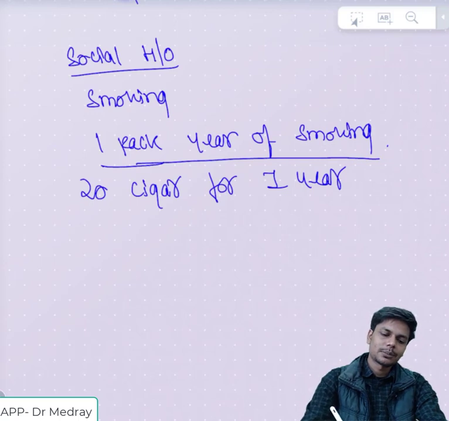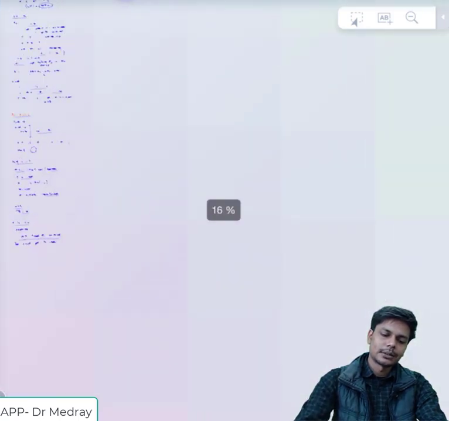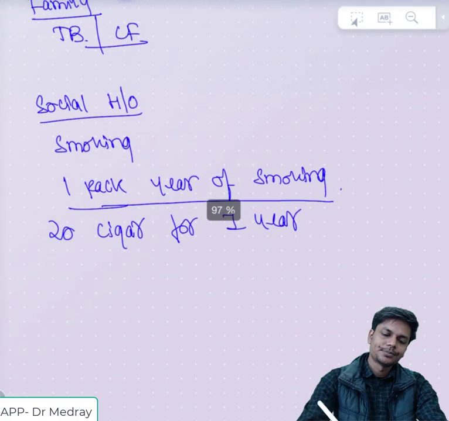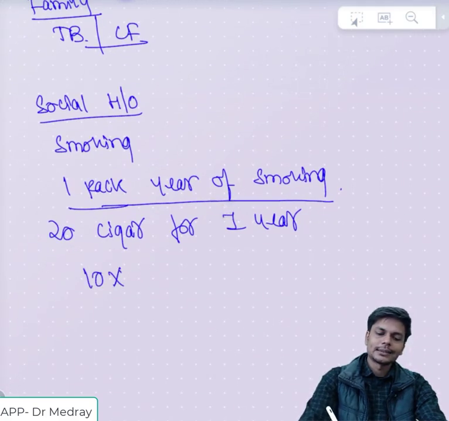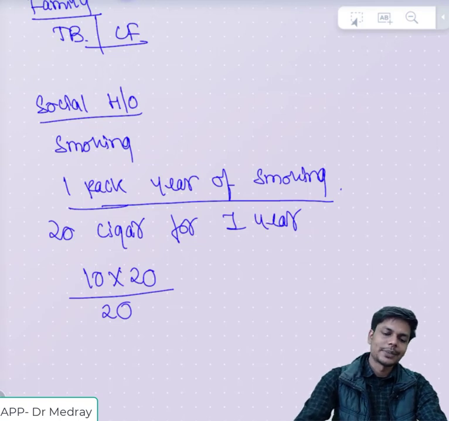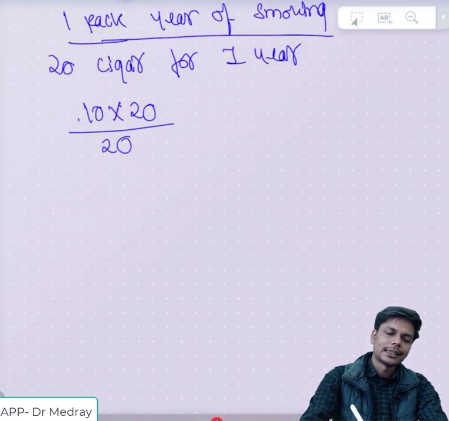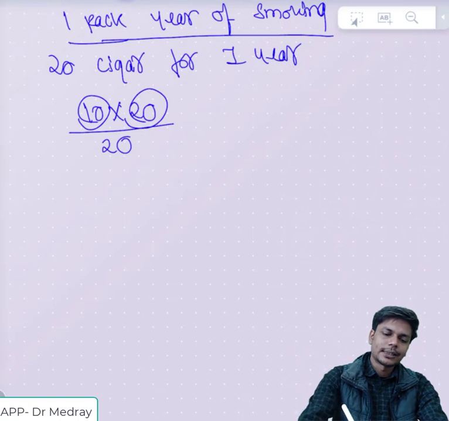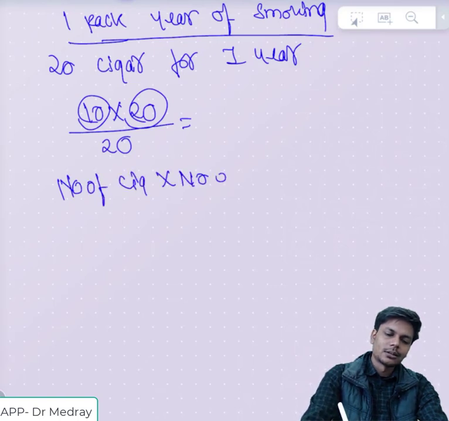So let's suppose the person is smoking 10 cigarettes for 20 years, then how many pack years? This is the formula to calculate the pack year: number of cigarettes into number of years, divided by 20.